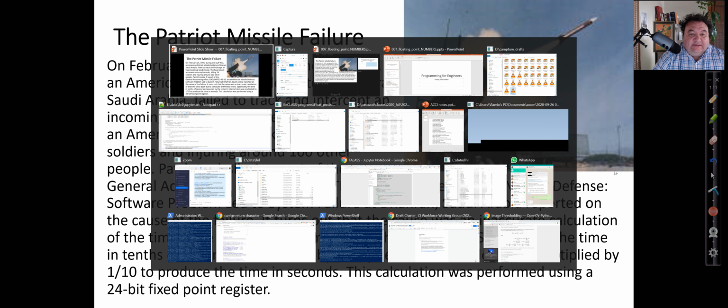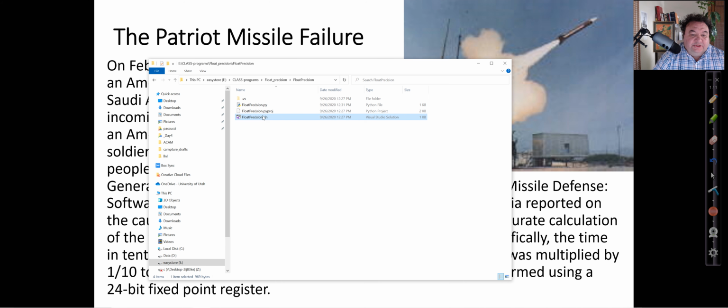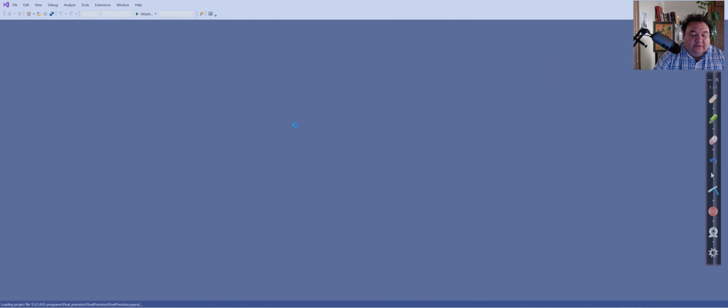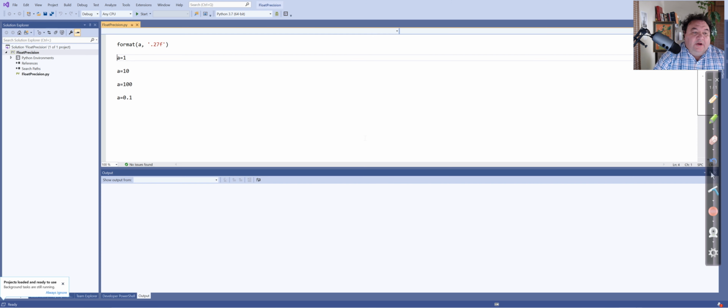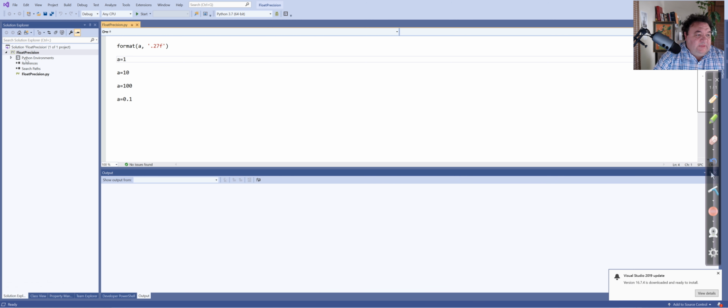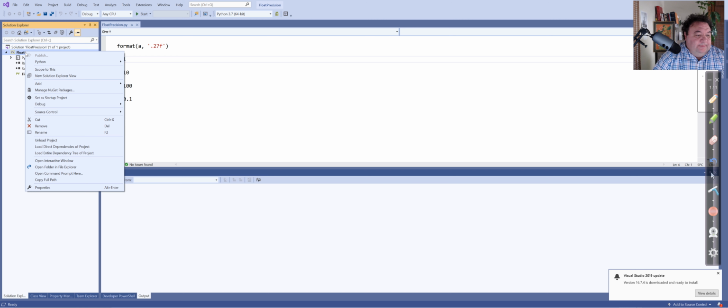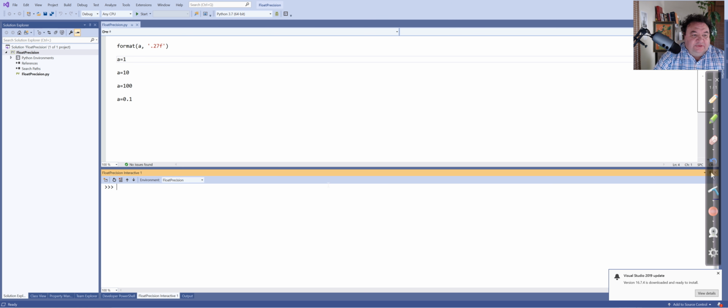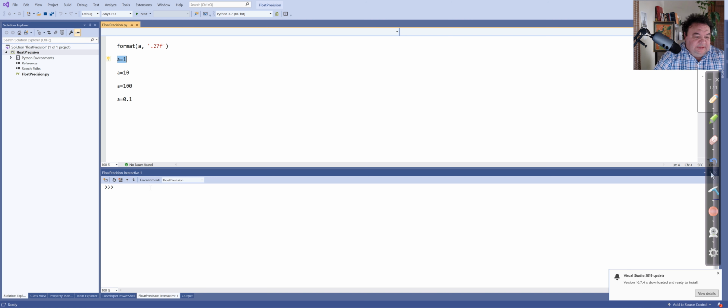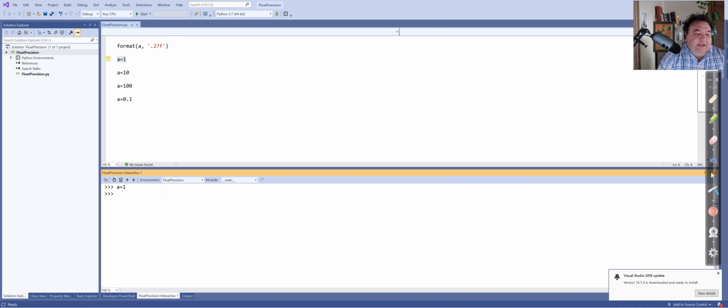So I'm going to look at this from the perspective of computations and show how it's really not intuitive to think about what numbers really exist in a certain space, especially binary versus decimal. So I'm opening a Python interpreter in Visual Studio. Let's say we take a variable, a equal 1.